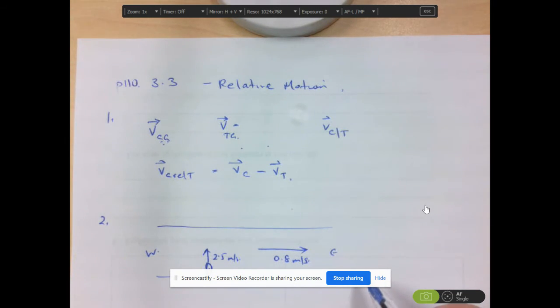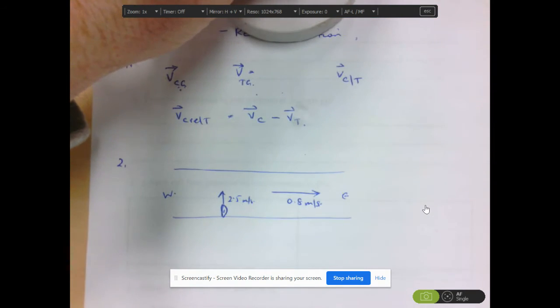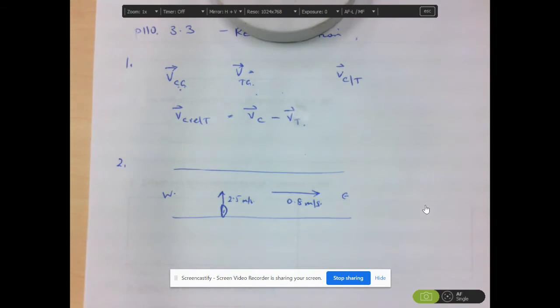What's the resultant velocity of the boat? In this case, what is the total velocity of our boat? Well, our boat's velocity is going to be this plus this.